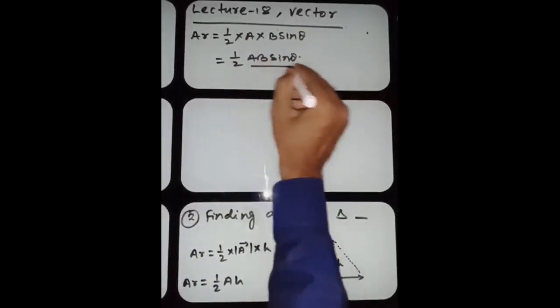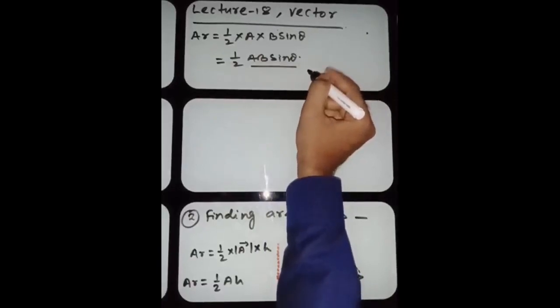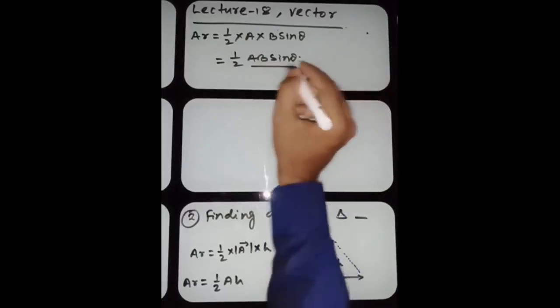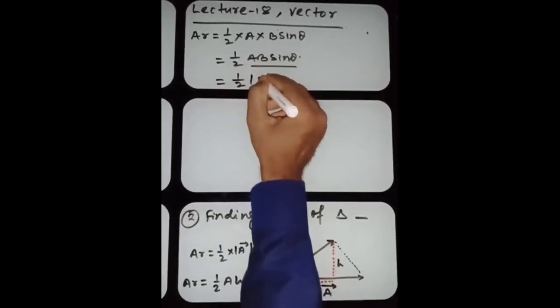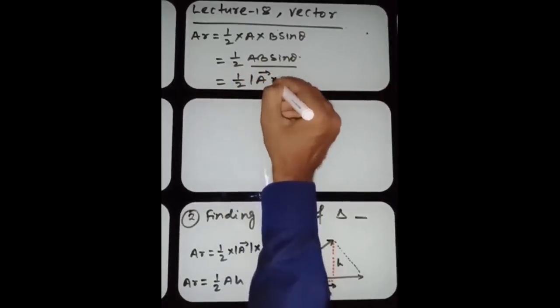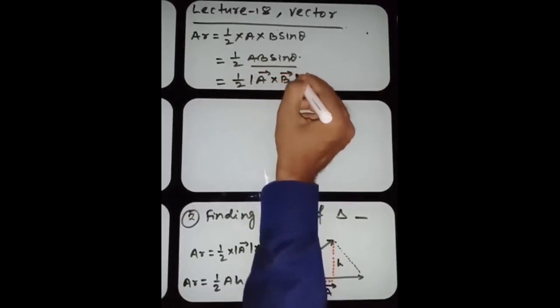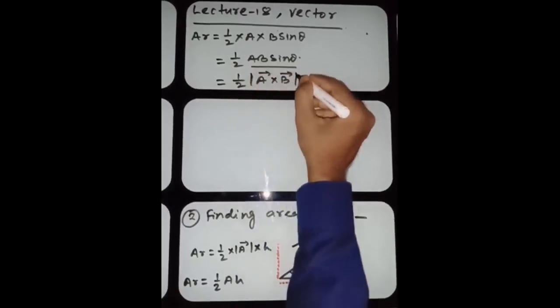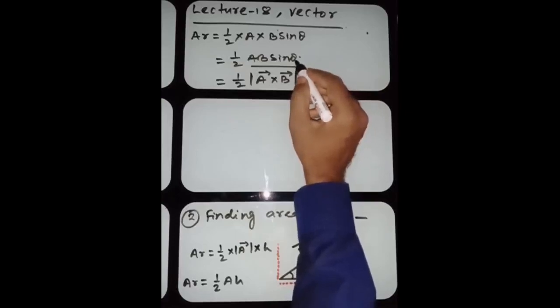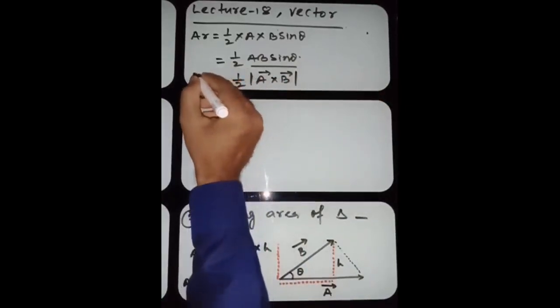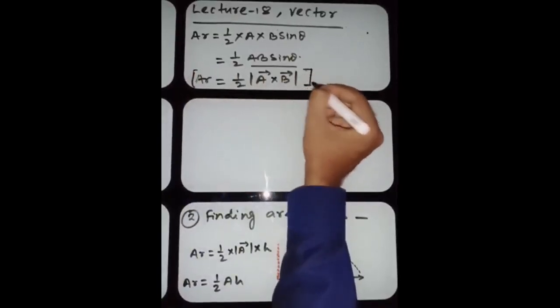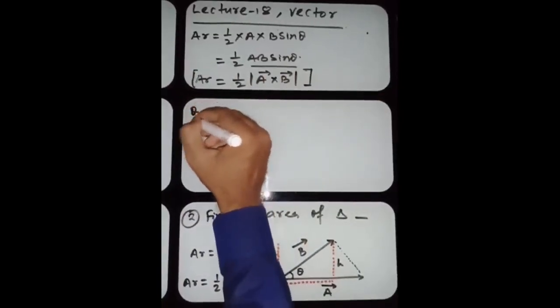We know AB sine theta can be written as A cross B, but that will have the direction, the unit vector, also. So put this in mod, because the magnitude of that unit vector is 1. So this will be the formula for the area of a triangle.